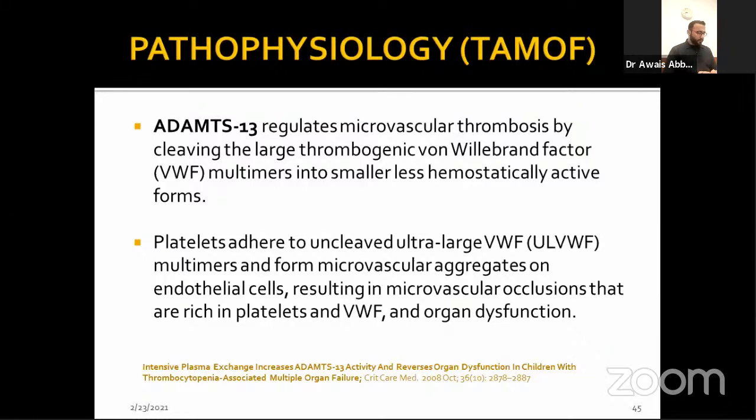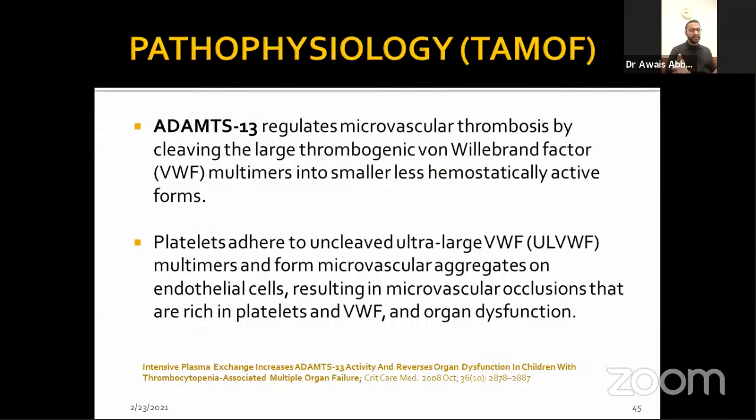Coming to the pathophysiology of TAMOF, what does ADAMTS13 do? It regulates microvascular thrombosis by cleaving the large thrombogenic von Willebrand factor multimers into smaller and less hemostatically active forms. What happens if the large forms are not cleaved and persist in the circulation? They recruit platelets.